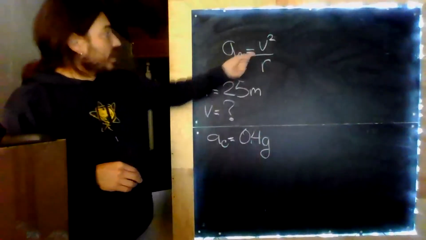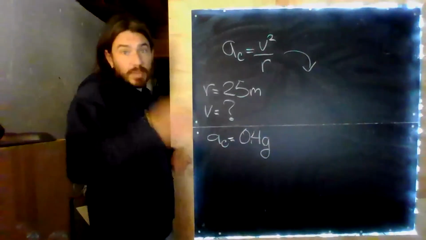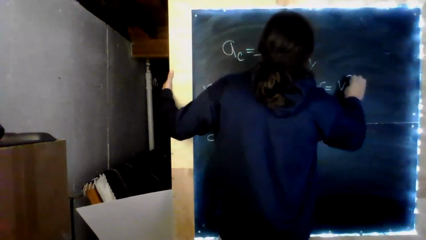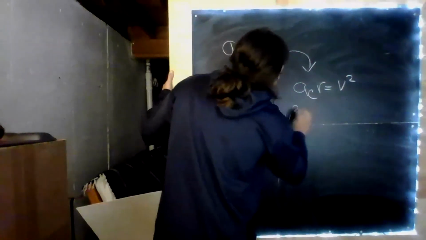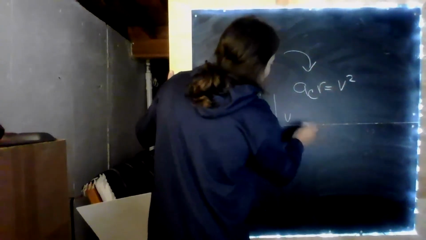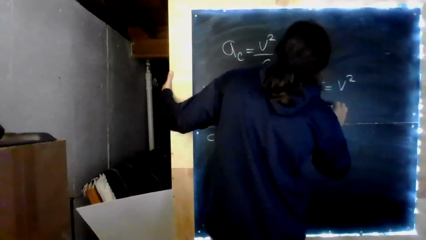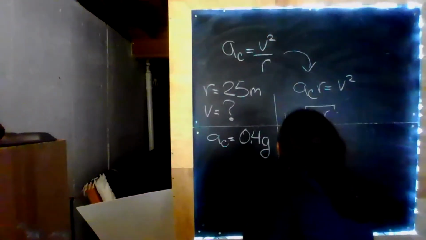Okay, so we're looking for v. We just need to do a little bit of algebra. First, I'm going to multiply both sides by r. And so, of course, next I take the square root. So I get v equals the square root of a sub c times r. Which equals, so I'll plug in my numbers here.